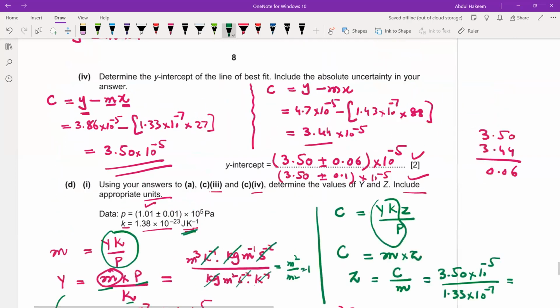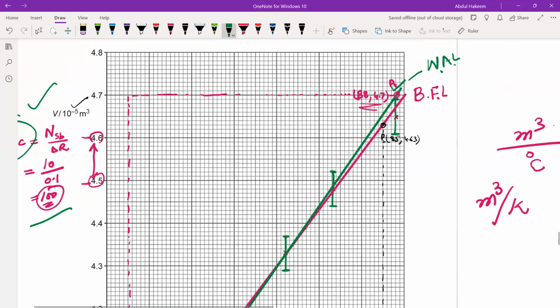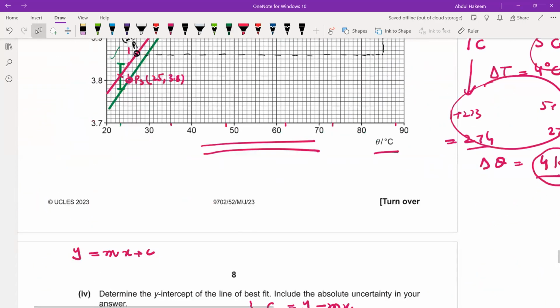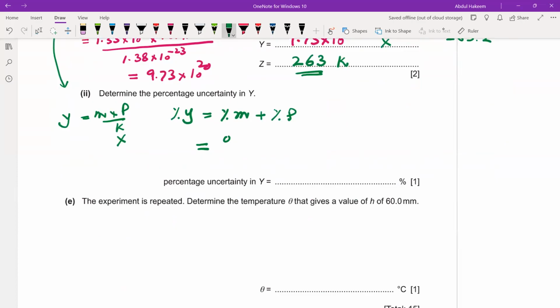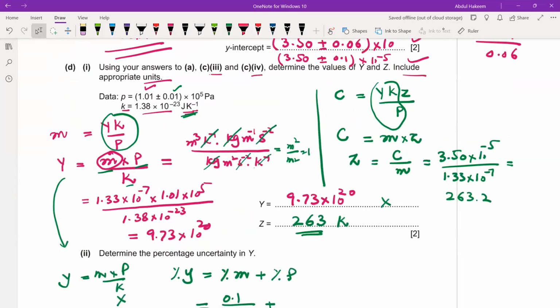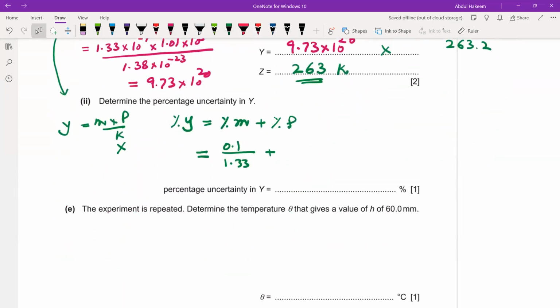So look at the gradient, it's error divided by its reading. So the error is 0.1, the reading is 1.33. No need to write 10 power minus 7 because up and down it cancels. Plus the percentage uncertainty of the pressure, 0.01 divided by 1.01. For the percentage, we will multiply by 100.